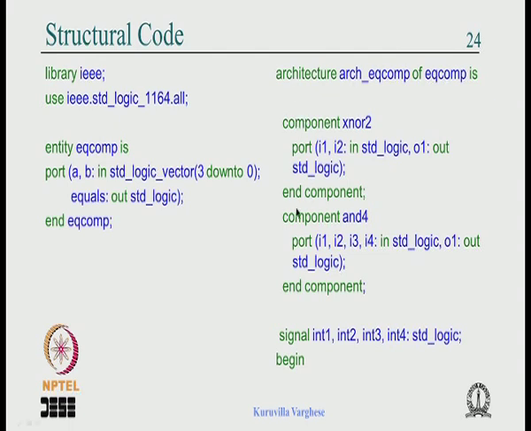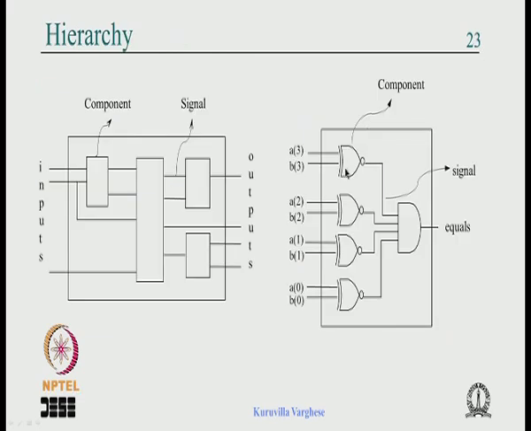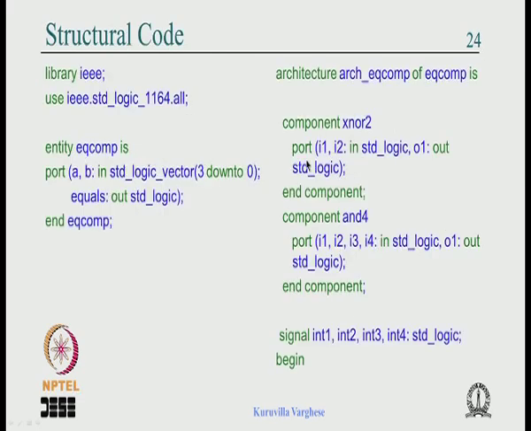part, you see before the begin there is an architecture declaration, and there we are going to declare the components and the signals. And you see this component is the XNOR 2 gate, and the port is I1, I2, 2 inputs of type standard logic, O1 colon out standard logic, 1 output of standard logic.